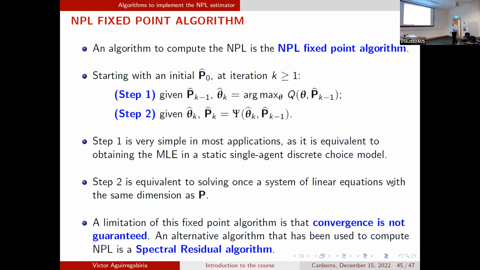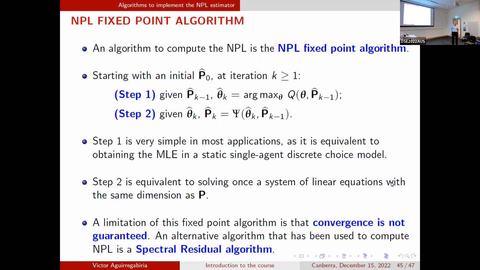We have that the NPL estimator can be described as a P such that P equals F of P, where this function F is the NPL mapping, the composition of these two mappings that defines an iteration. Then the NPL algorithm is basically iterating in this fixed point mapping F, and this might not converge.